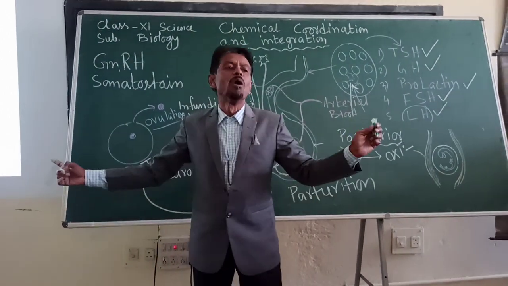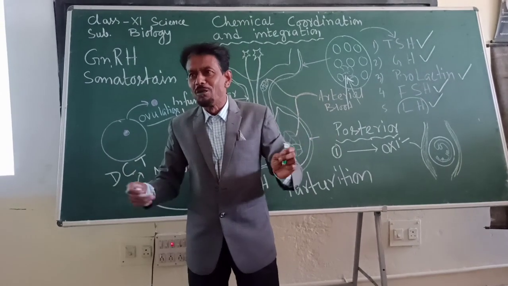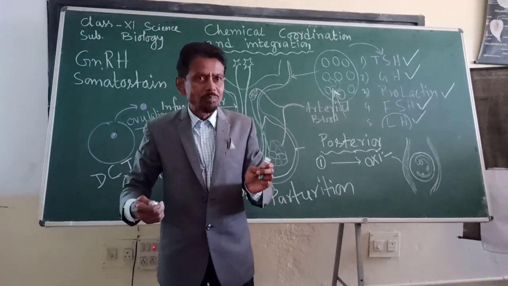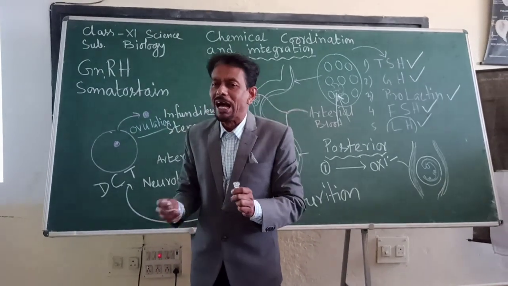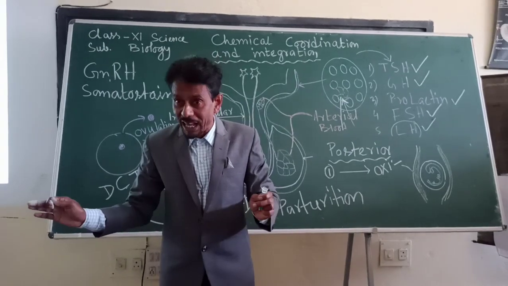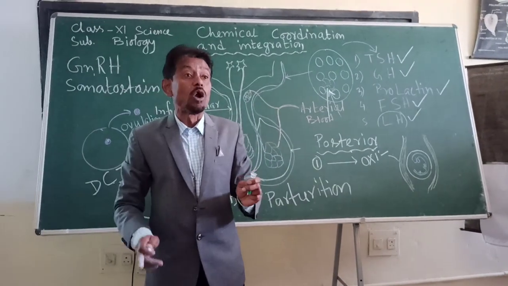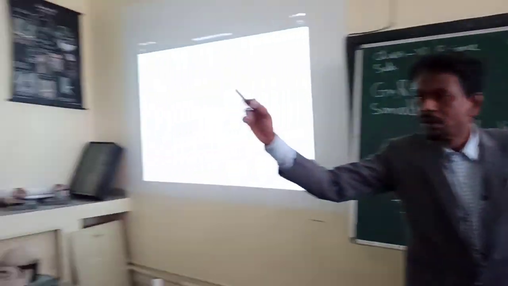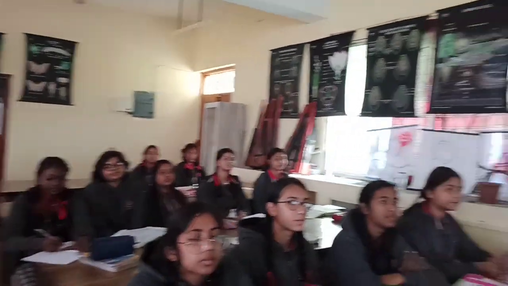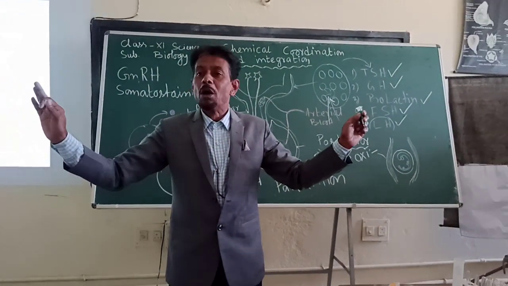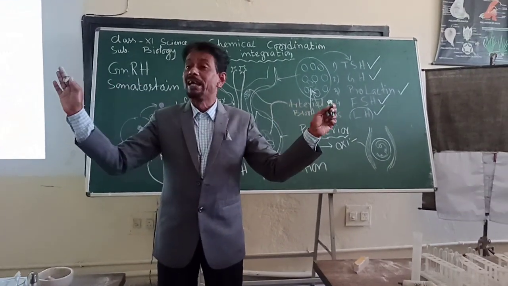If this hormone is not secreted, what will happen? Excess water will not be reabsorbed. Then you will have to visit the washroom frequently for urination. That is a disease called diabetes insipidus. Don't confuse it with sugar-related glycosuria or diabetes mellitus.